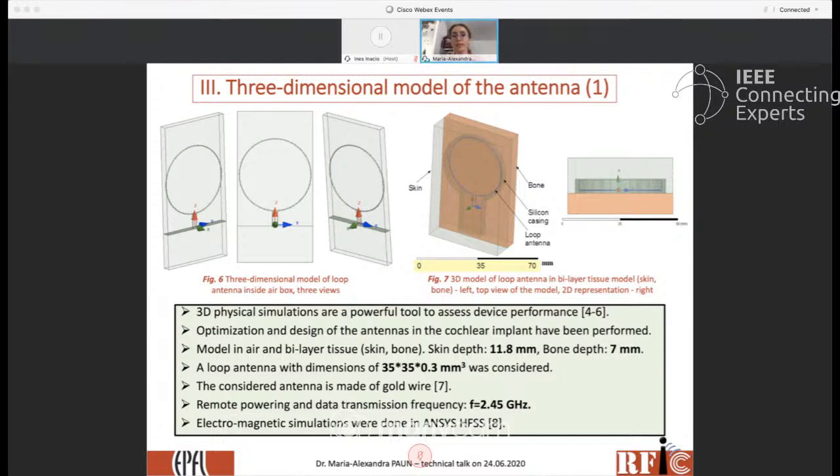Therefore, the second case is valid for the antenna, which is placed inside, whereas the first model could refer to the antenna placed outside of the body, the external transmitter antenna, which is actually placed, obviously, just in air.